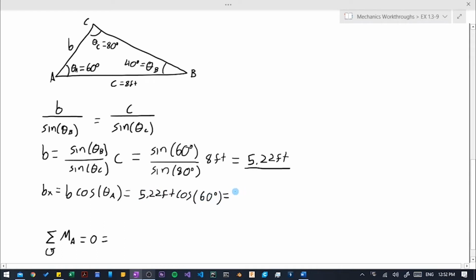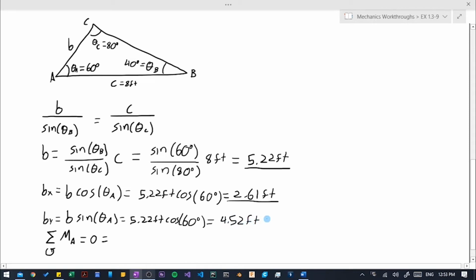And it is 2.61 feet. And then we'll find By, which is the same but with the sine of the angle. And this one is 4.52 feet.